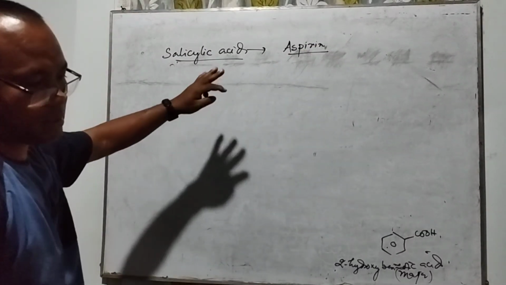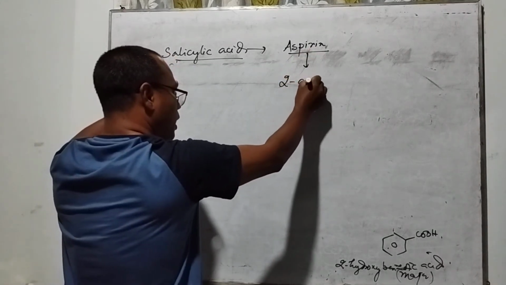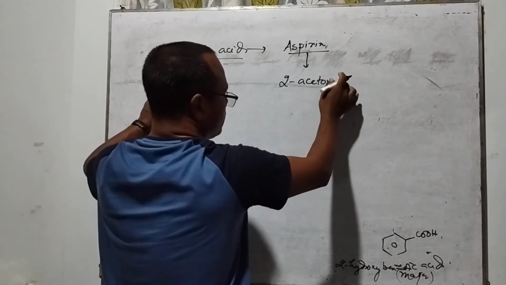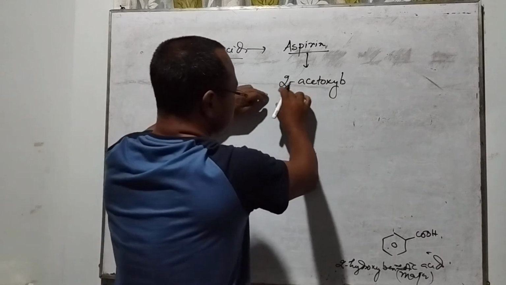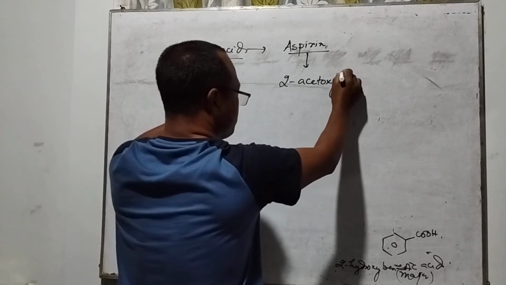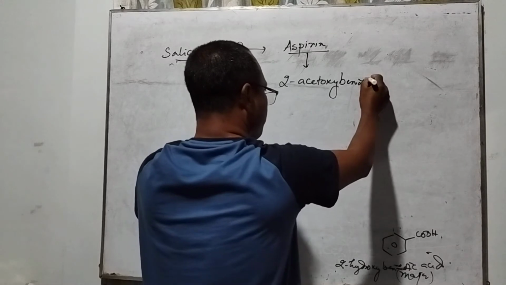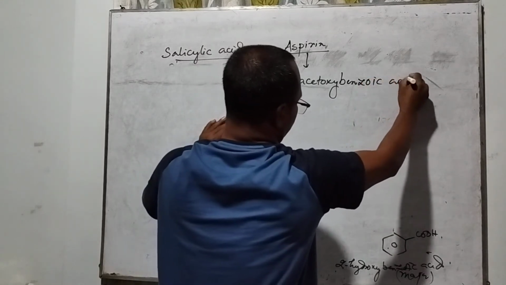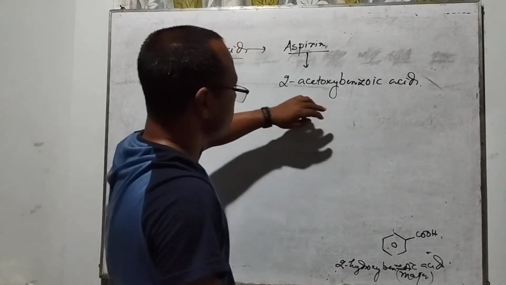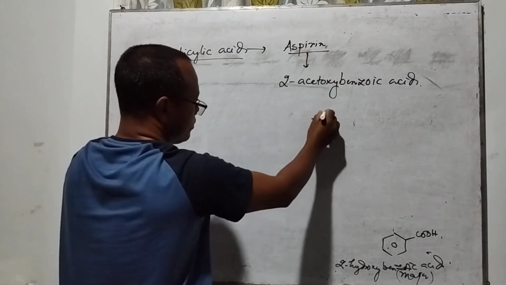What is the chemical name of aspirin? 2-acetoxy benzoic acid. That is what we call aspirin. What is the structure of aspirin? We write it here.